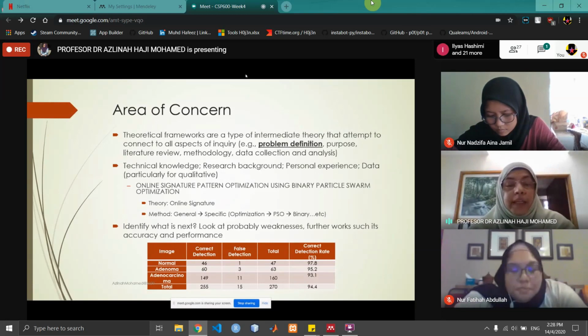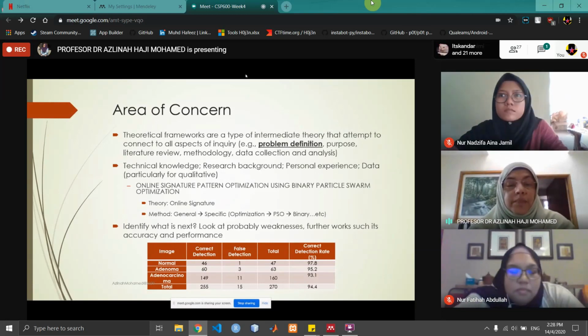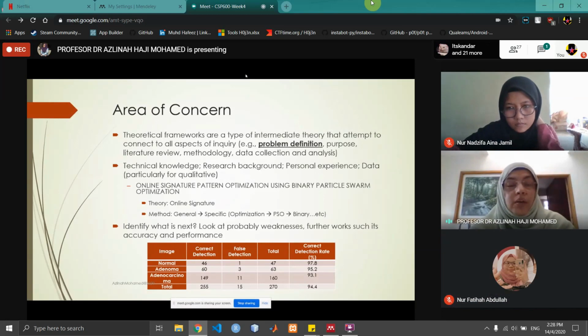So when they do that, they have 3 types of images. They classify the images into normal, adenoma images, and also carcinoma images. The carcinoma image is what they call a cancerous image.